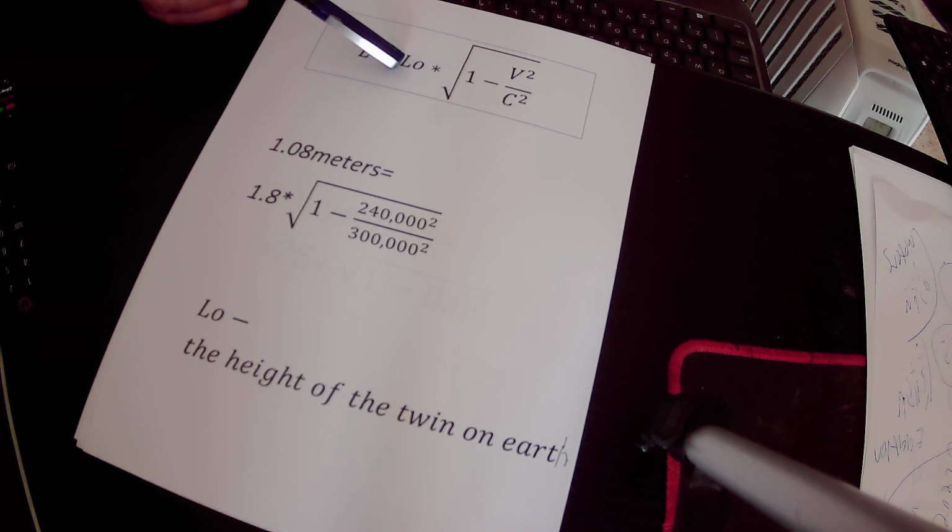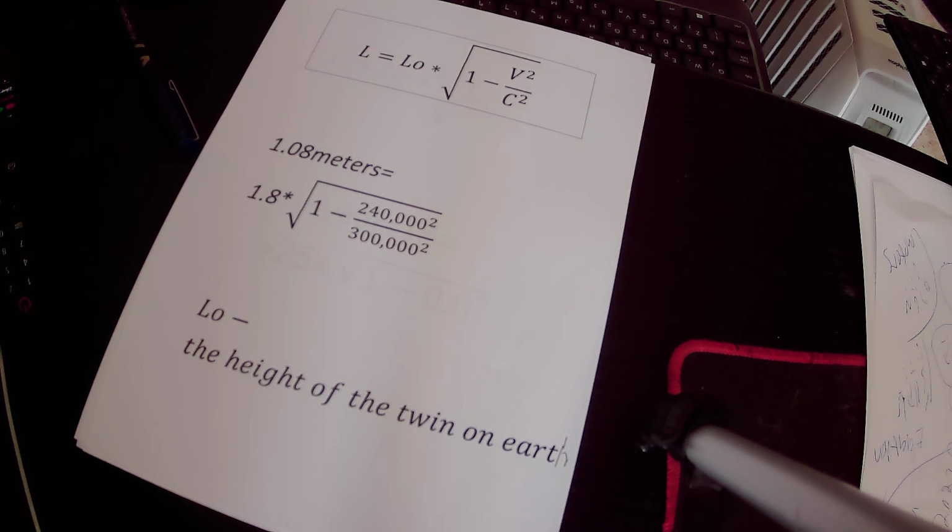Yes, the height is 1.8 meters, and if we multiply it by the root of 1 minus v squared divided by c squared, it will give us the height after the contraction, that is 1.08 meters only.